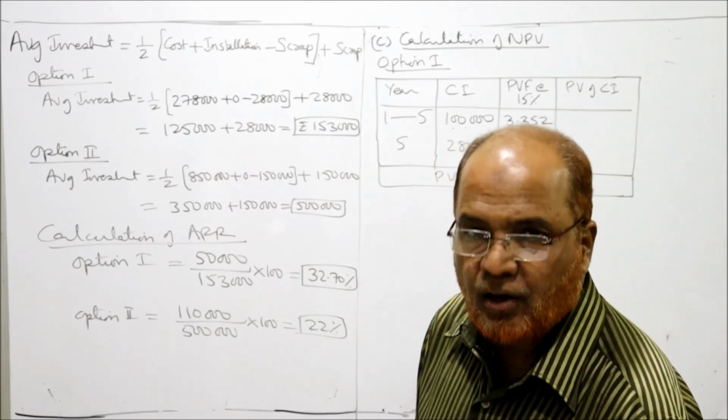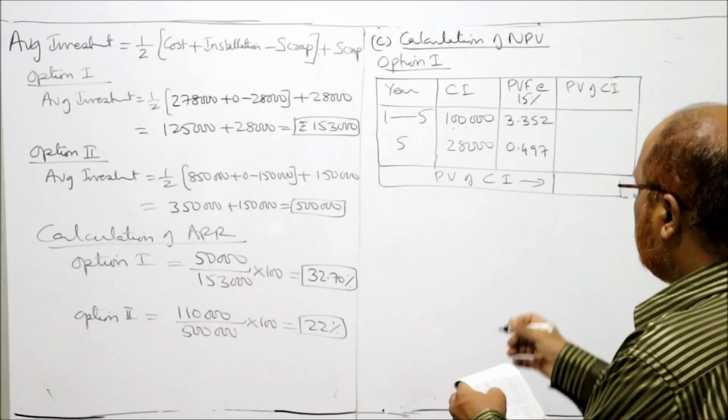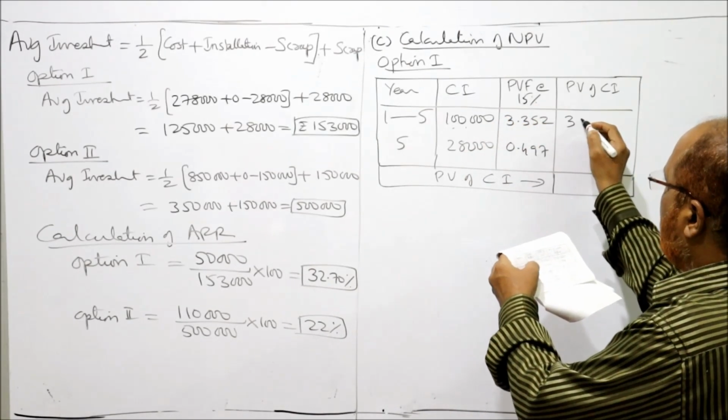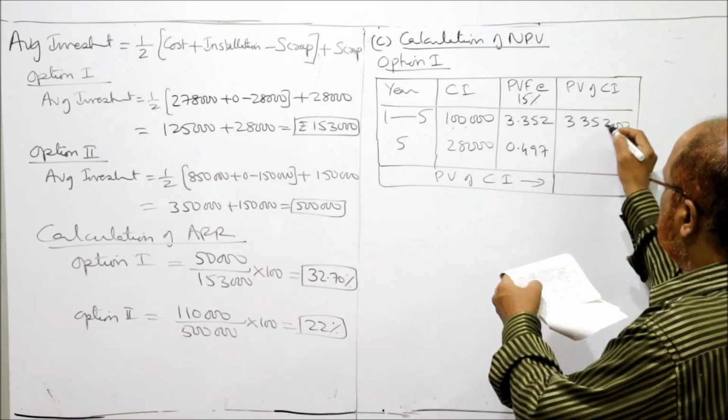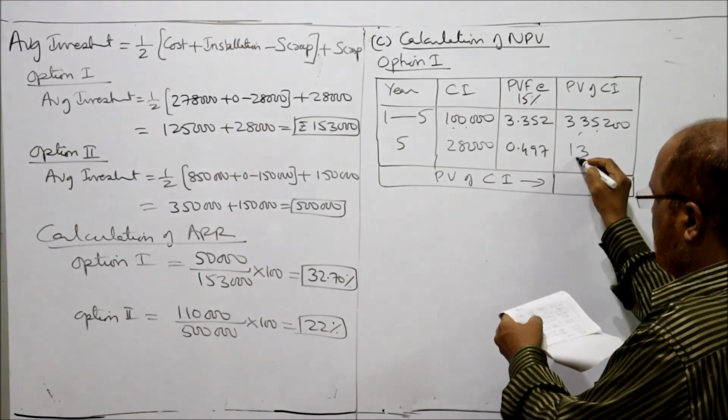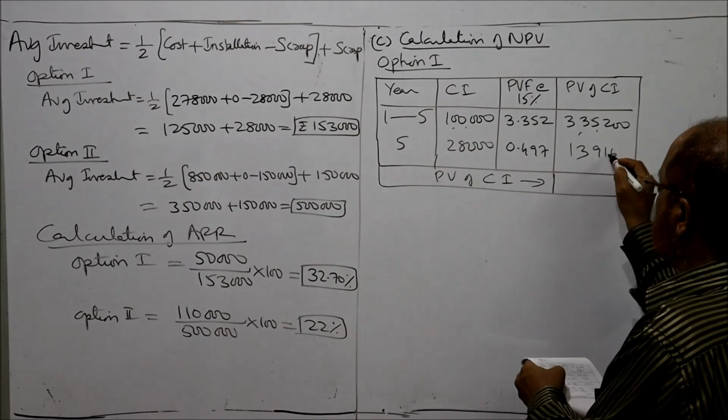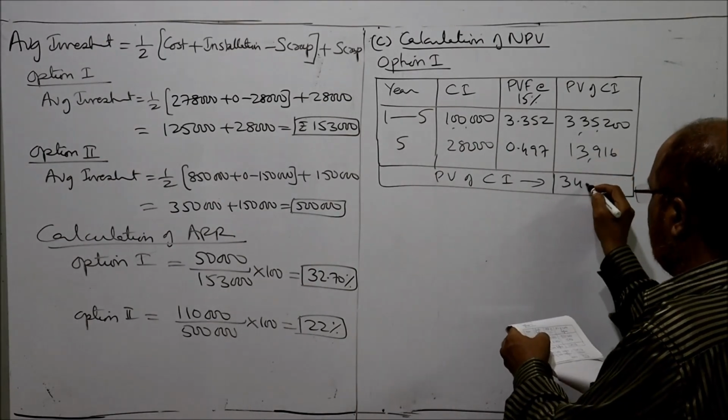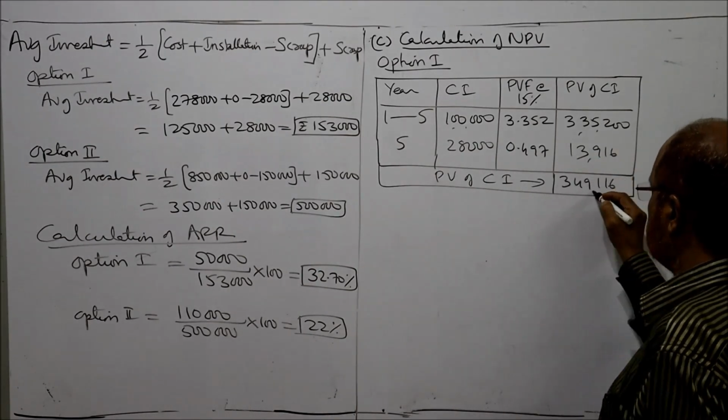That's all. Now if we multiply 1 lakh into this one, 3,35,200. And this is 13,916. The total is 3,49,116.